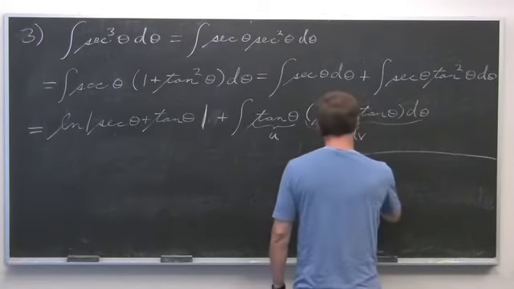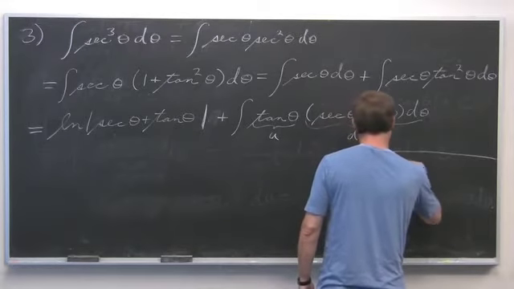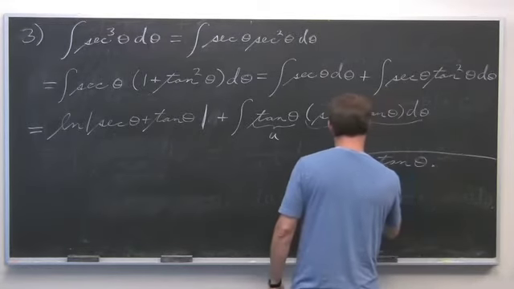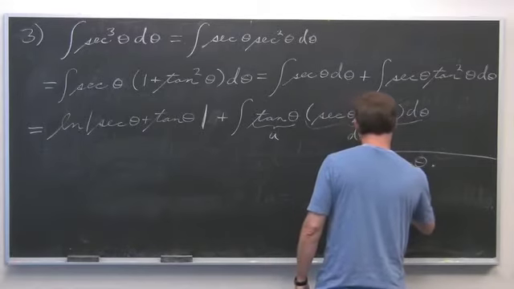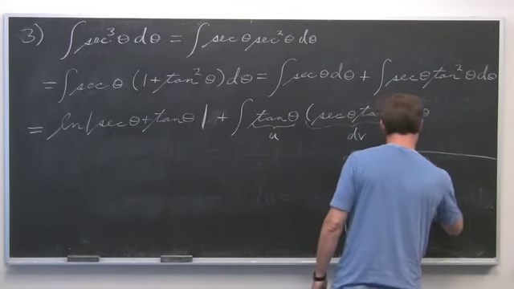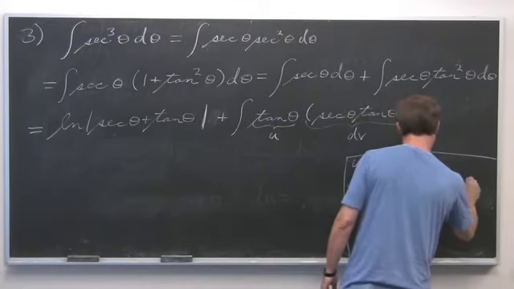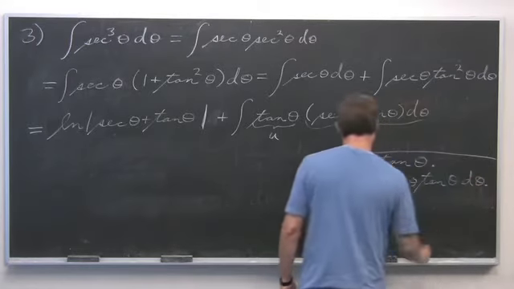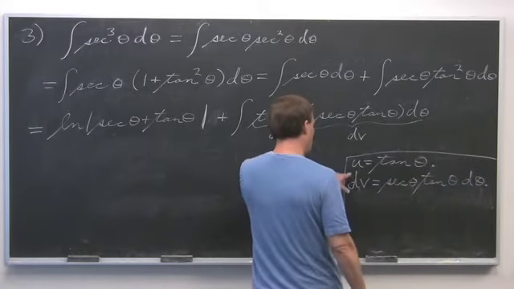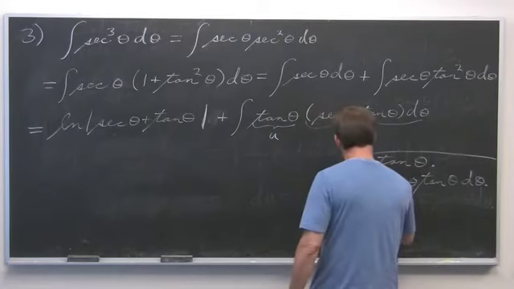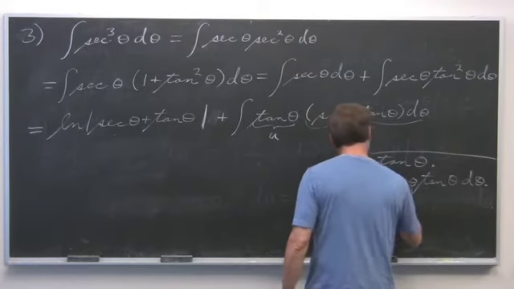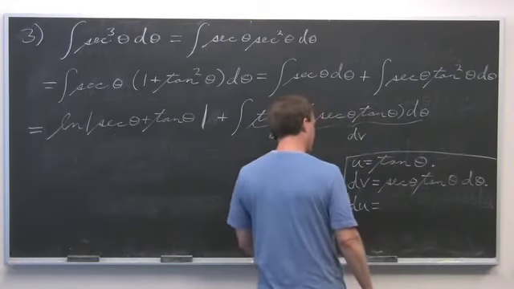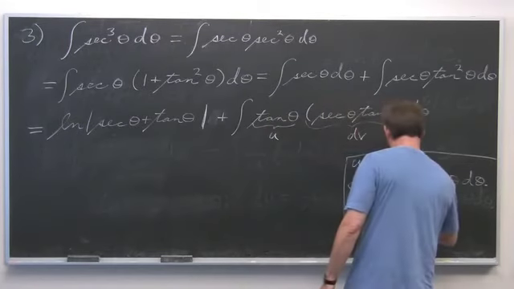What happens when you integrate this by parts? Well, you've got u is tan theta, dv is secant theta tan theta d theta. What does this mean? So du, you will need du. It's the derivative of tan theta times d theta. The derivative of tan theta is secant squared theta.